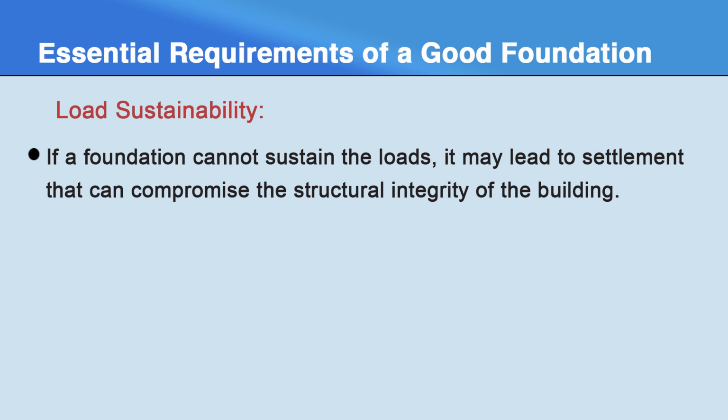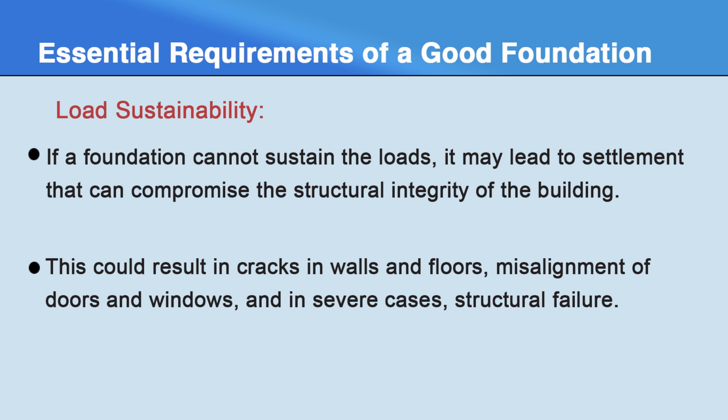If a foundation cannot sustain the loads, it may lead to settlement that can compromise the structural integrity of the building. This can result in cracks in the walls and floors, misalignment of doors and windows, and in severe cases structural failure, that is, complete collapse of the building.